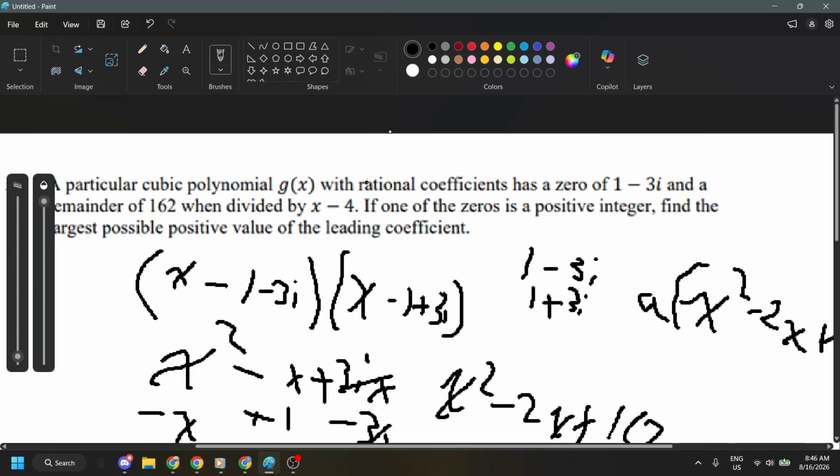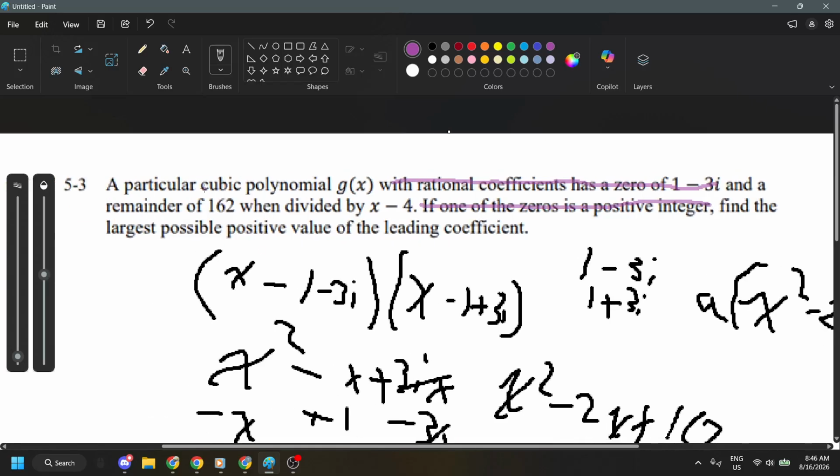Okay, so we have followed this. Let me make this 50% and make this yellow. We have done this little thing. It's a cubic polynomial.